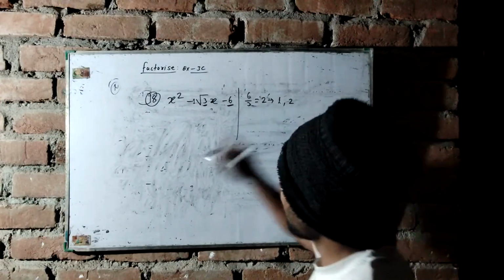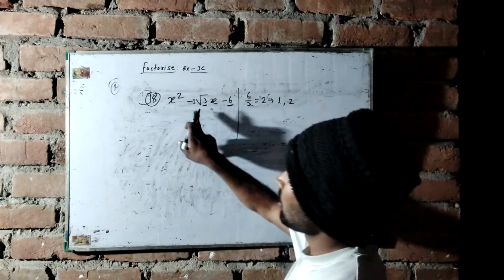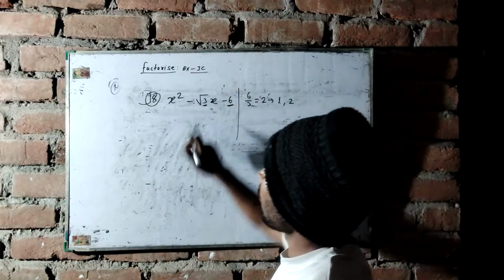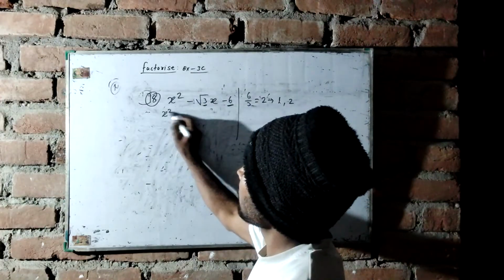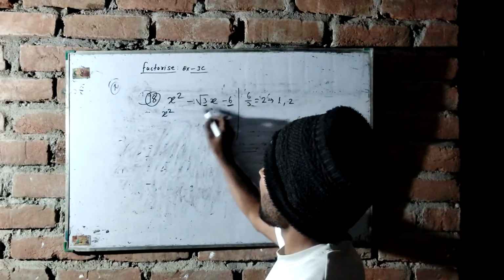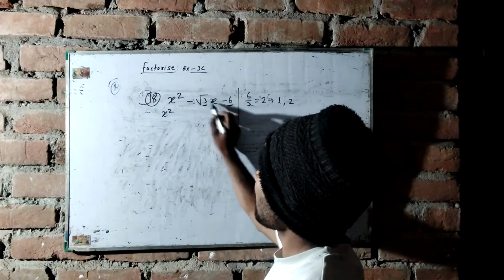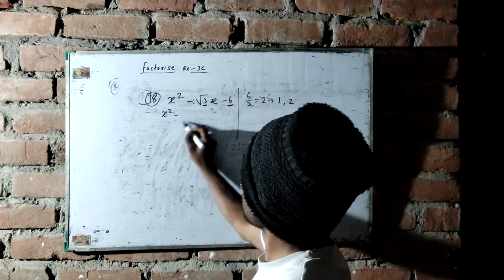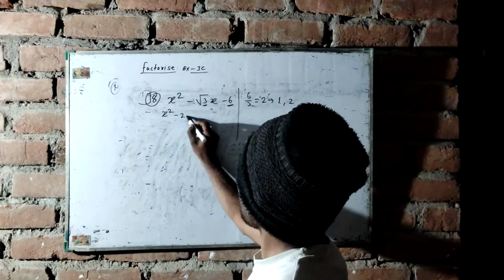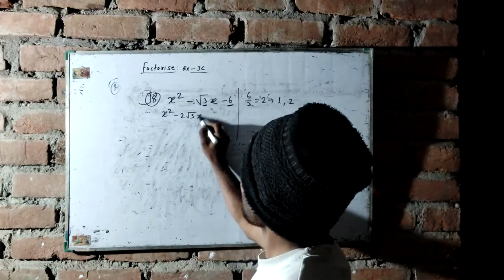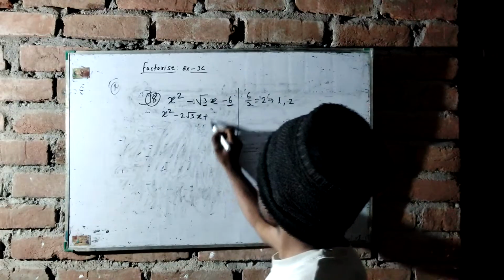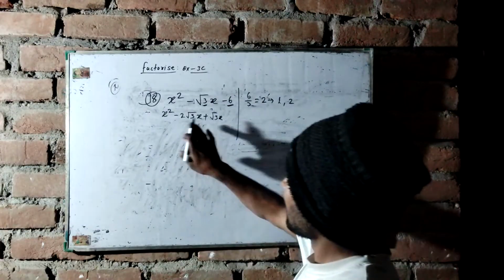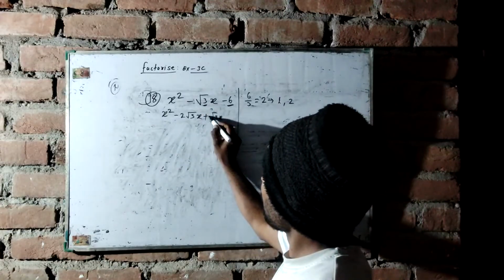Okay, so you can consider here 1. So now we can write x square and minus root 3 x can be written as minus 2 under root 3 x plus root 3 x, because there you can consider here 1.